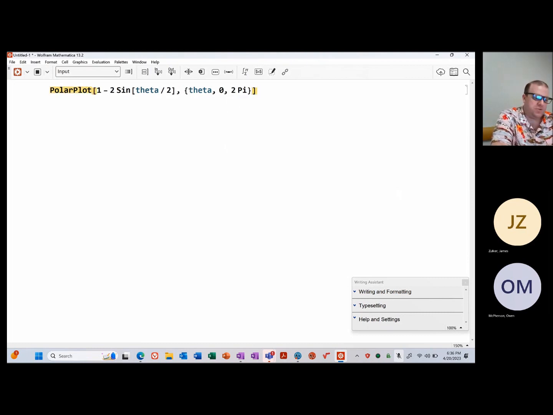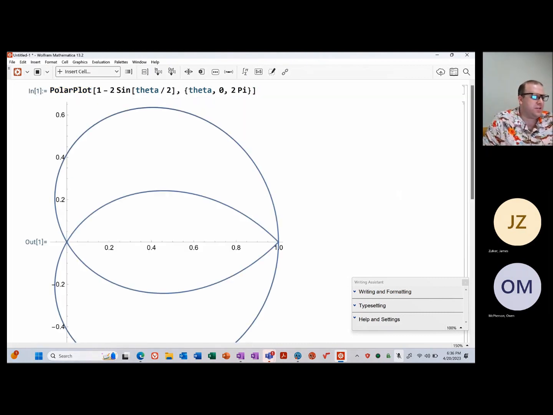I'm going to go the default 0 to 2 pi. I do not remember how this is going to look. Perfect.